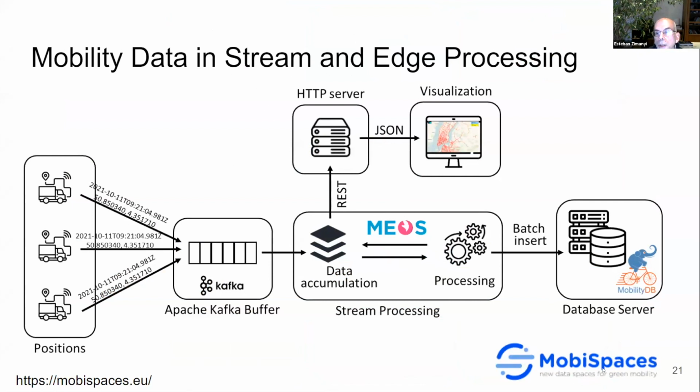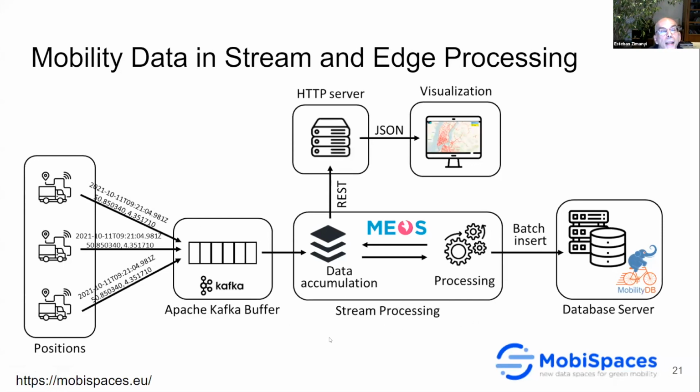But now, in the context of the European project, which is called MobiSpaces, we have pushed this architecture much further. Imagine we have ships in the Mediterranean that are far away and not connected to the shore, so they cannot have an equivalent of an air traffic controller saying what they should do in this situation.